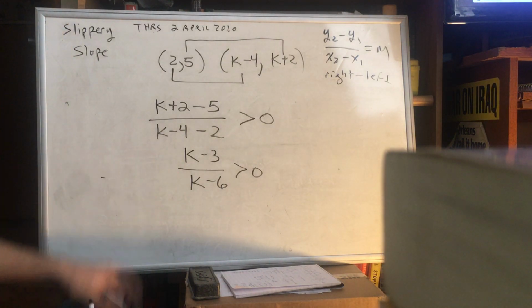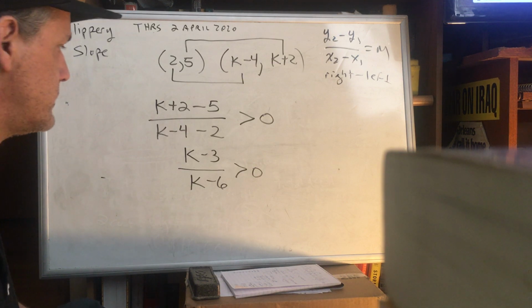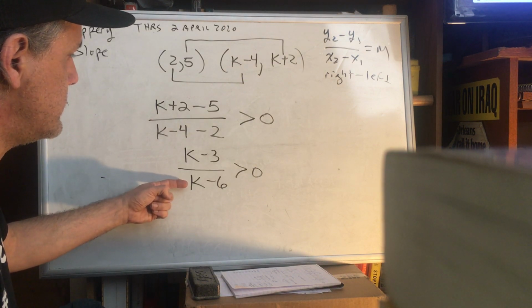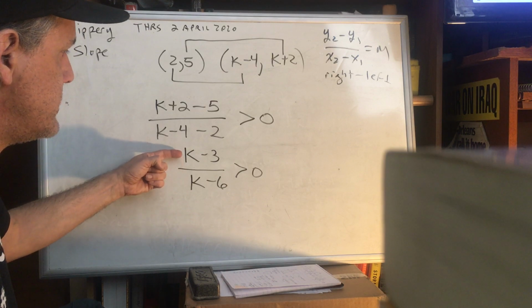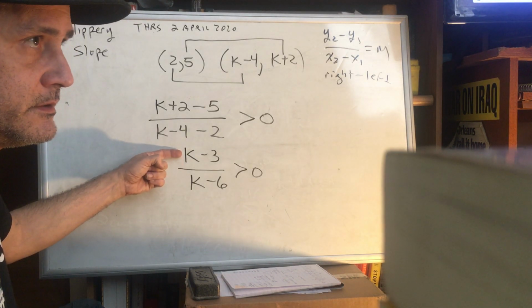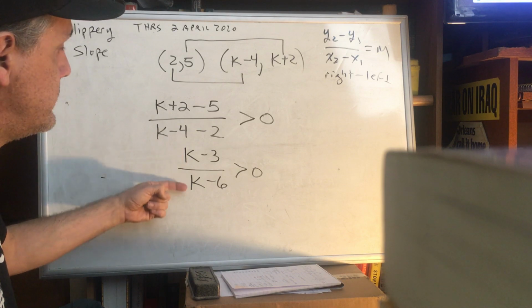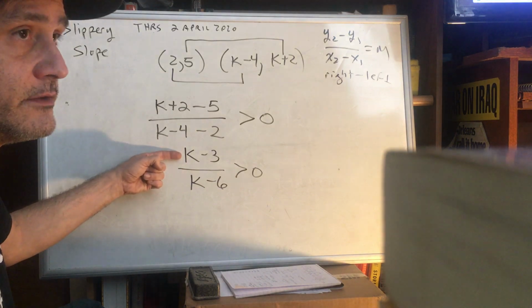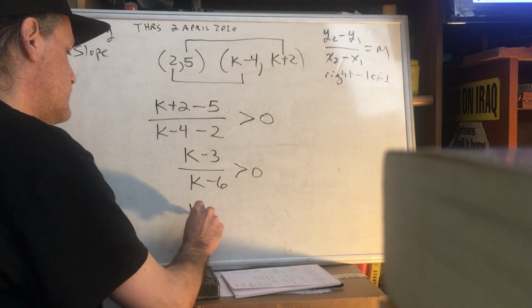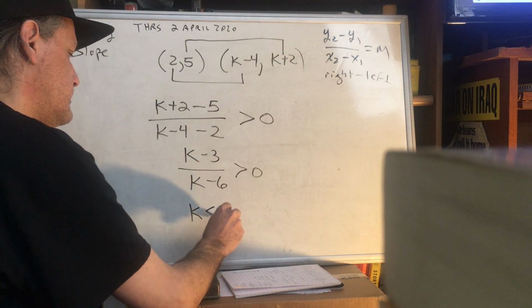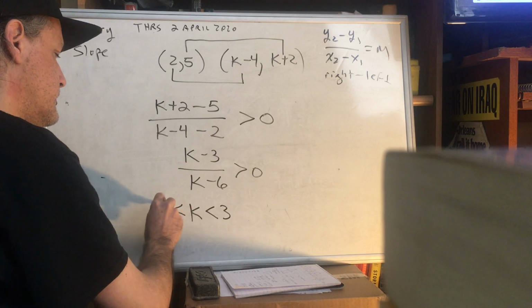Now when these are both negative, that's going to happen when k is less than 6, but on the top it will stay positive until k is less than 3. Right? So the only way you're going to get a negative over a negative is k is less than 3. So this is going to be when k is less than 3 or when k is greater than 6.